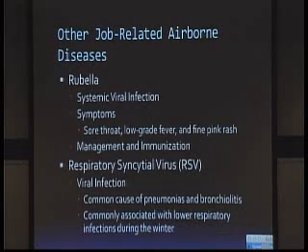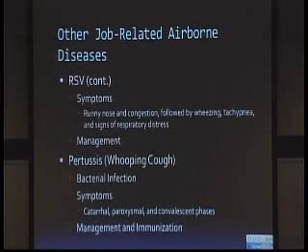RSV, or respiratory syncytial virus, is a common viral infection. We're about to get into the season for that, and this is the most common cause of bronchiolitis in infants and young children. It can cause pneumonia as well. It can be difficult to differentiate from other things. The thing that the pediatricians especially talk about with bronchiolitis is that you have a shifting exam.